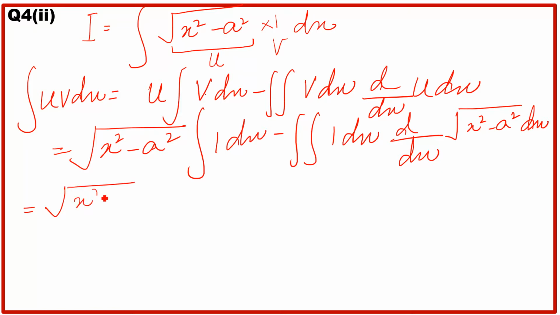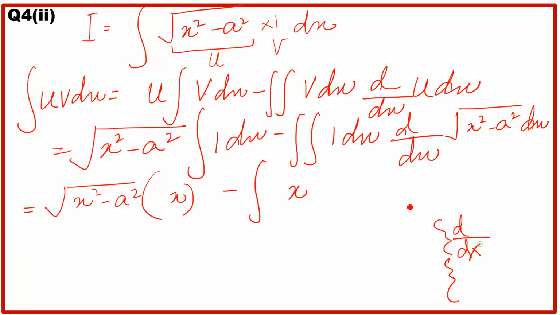Now this under root x square minus a square will remain the same. For 1 dx the integration will be x, minus the integral of x, because this is the same, under root x square minus a square. You do not have to write down these steps here. I will show you how we take the derivative, and then we write the answer there.